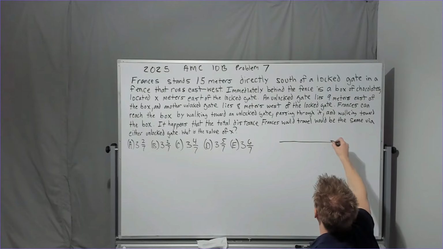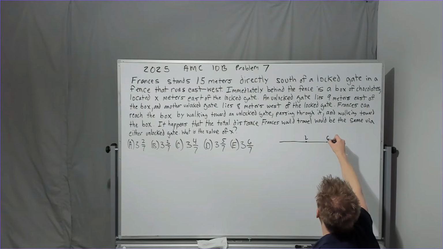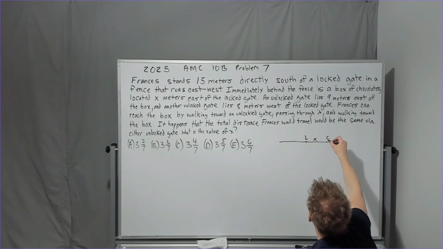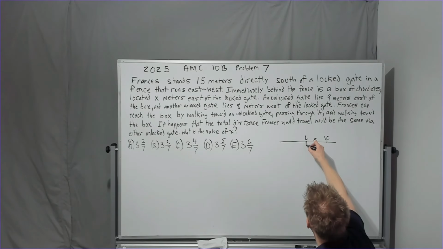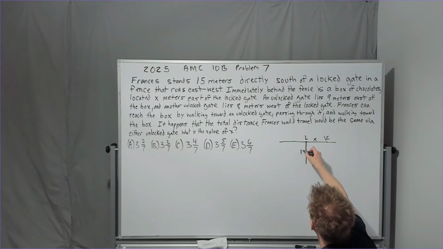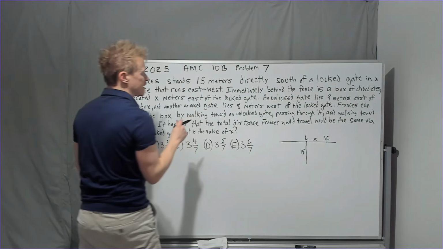So we have here, we'll call this L. We'll go over here and call this C. That's the chocolates. The chocolates are basically right behind the fence here, but I'm putting a dot where it would be located. And Francis is over here, exactly 15 units directly south.